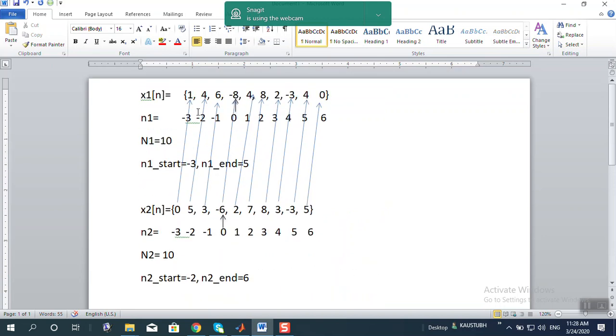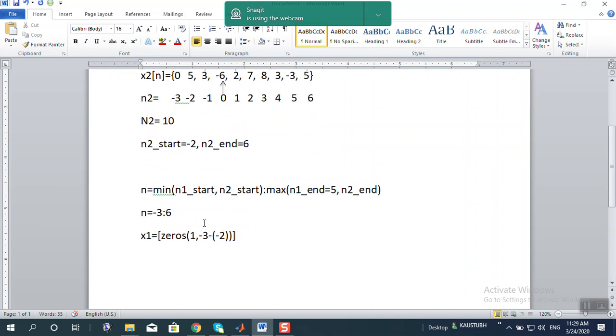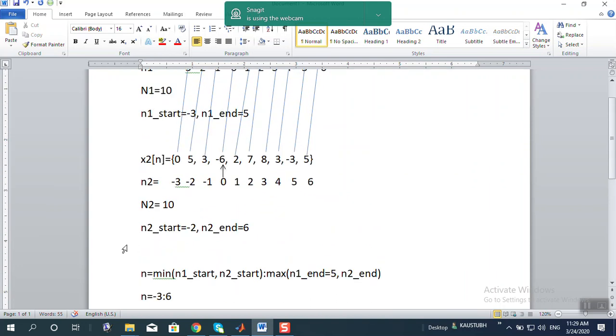Here, as you can see in this example, there is no need to put any zeros, but to make it generalized, it will be n1 start minus n2 start. So -3 minus (-2) will be -1. So zeros(1, -1) will create a null matrix.